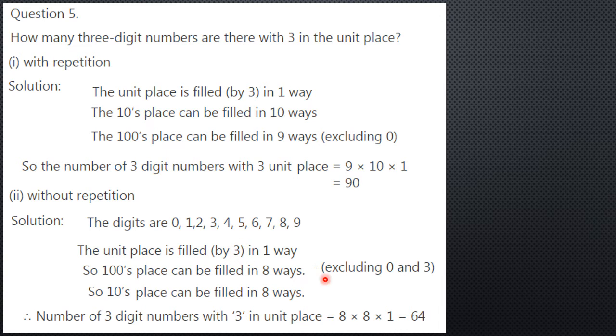So excluding 0 and 3, remaining 8 ways. Tens place can be filled in: here 3 not allowed, but 0 allowed. Since the hundreds place is filled and 3 is not allowed, remaining 8 ways. Number of 3-digit numbers with 3 in the units place is 8 into 8 into 1, that is 64 ways.